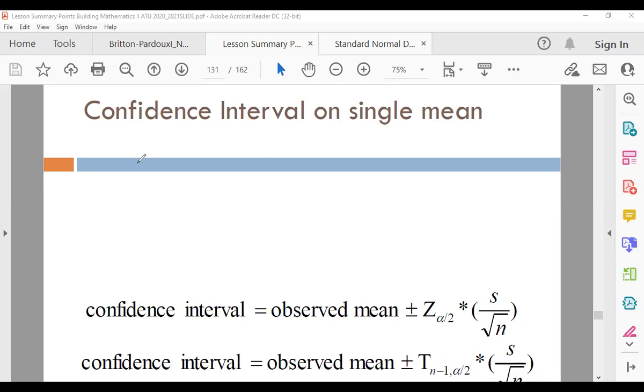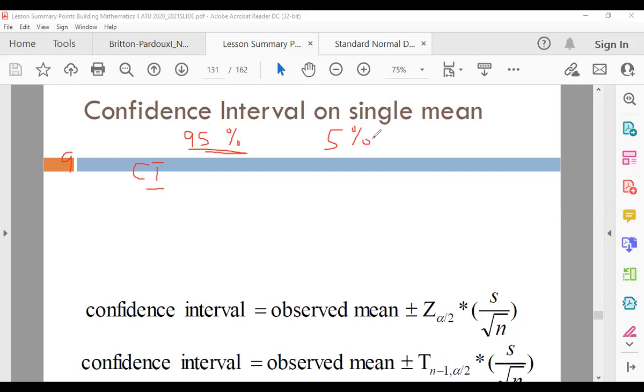So for example, if I ask you to create a 95% CI, another thing we need to understand is if I say 95% CI, meaning we are 95% sure, then it means we are also 5% not sure.